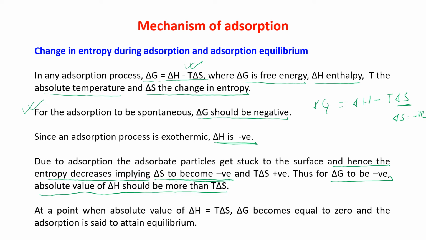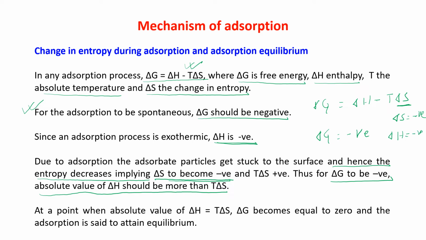Absolute value. What is the meaning of absolute value? Suppose I know that delta H is negative, and I know that delta G is also negative, and then only the adsorption is said to be spontaneous. Delta G should be negative. And I know that as adsorption is an exothermic process, delta H is also negative.